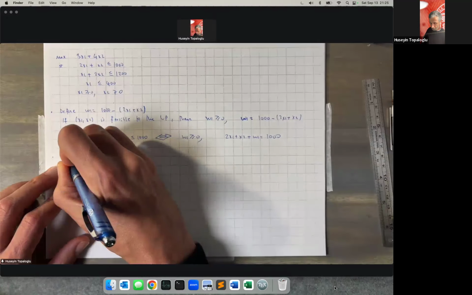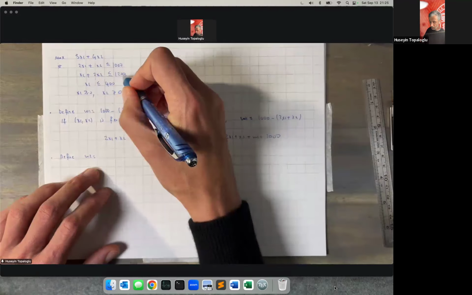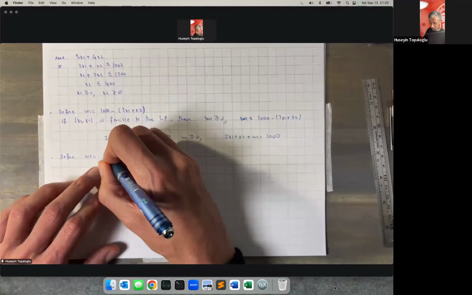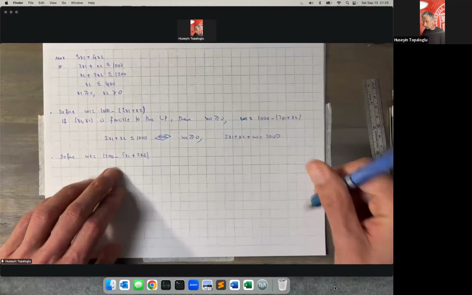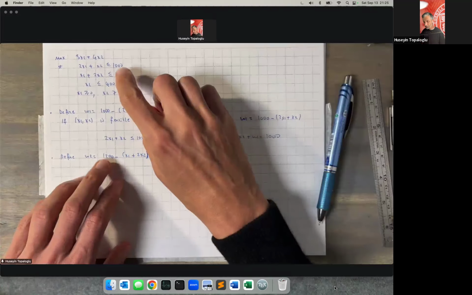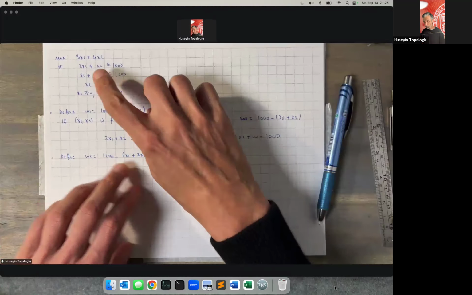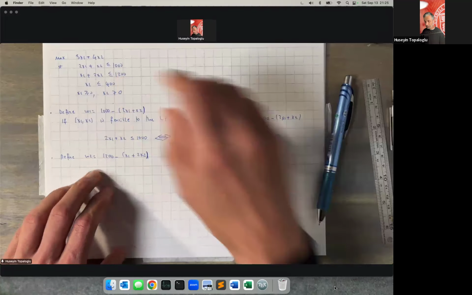So let's define W2, the amount by which the right-hand side of the second constraint exceeds its left-hand side. In a feasible solution to our linear program, the right-hand side of the constraint has to be greater or equal to the left-hand side. So in a feasible solution to our linear program, W2 has to be non-negative.